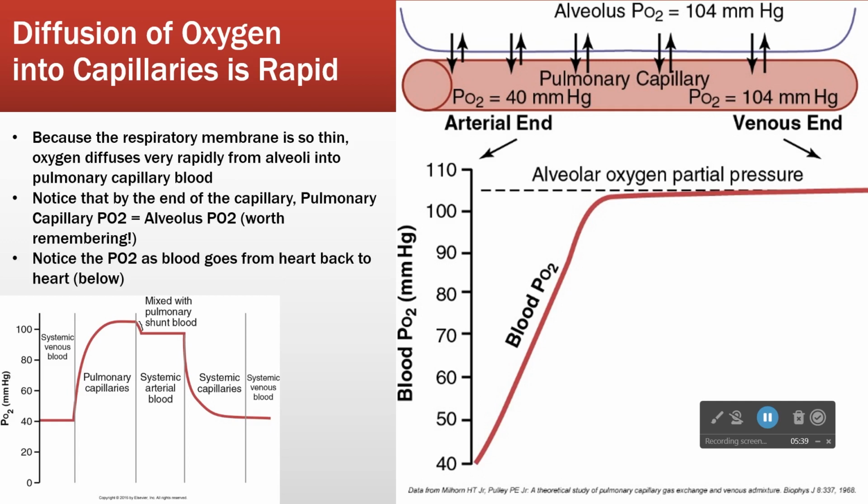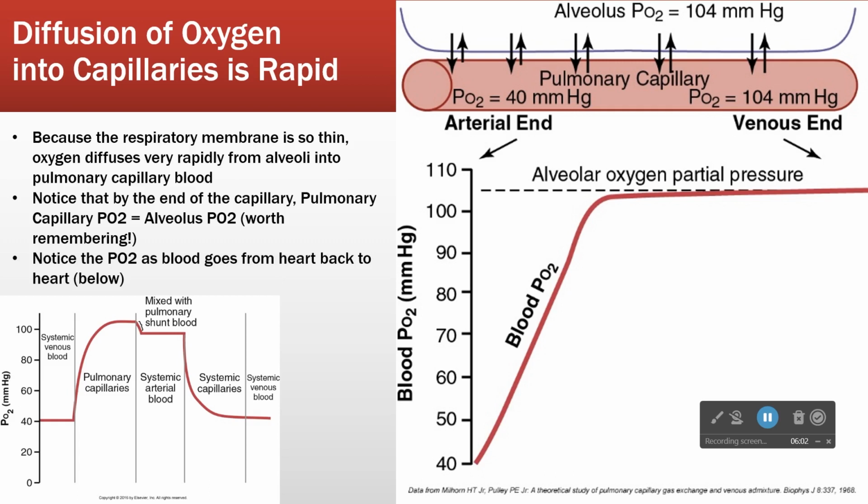Shunt blood is blood that went through the lungs but didn't pick up any oxygen. So it's partially deoxygenated. If we mix the shunt blood with the blood that passed through the alveoli and picked up oxygen, we're going to get a slight decrease in PO2, because we're mixing non-oxygenated blood with oxygenated blood.